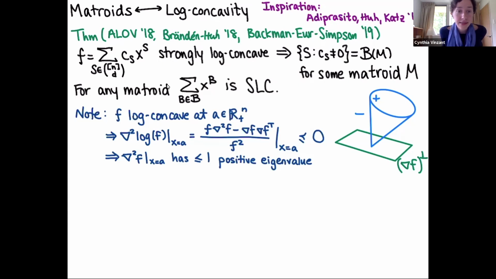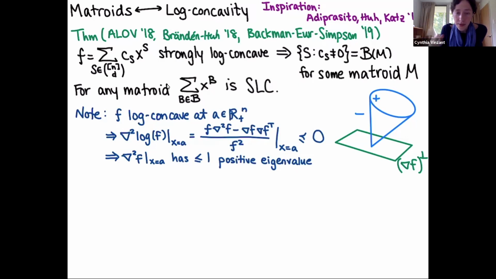Yeah. So what are we doing? We are going to digest a little bit this property of log concavity. If we have log concavity of f at some point, and we just do the multivariable calculus exercise, we write down the Hessian, we evaluate it at this point, and the resulting matrix should be negative semi-definite.